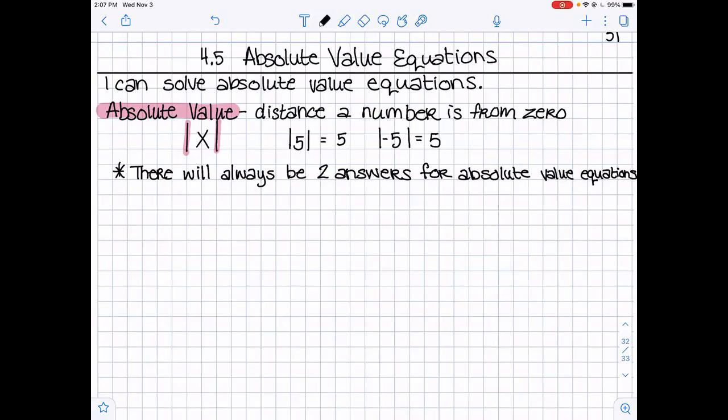So we're always gonna have to set up 2 separate problems for an absolute value equation. It'll make a lot of sense once we start actually working these.